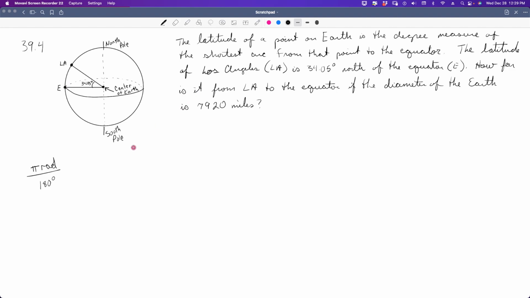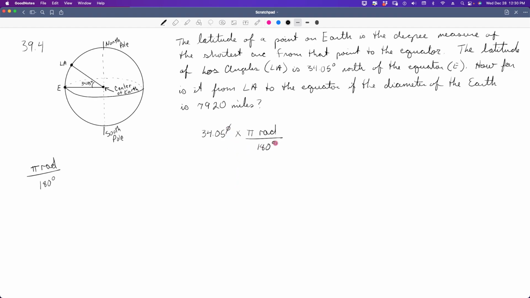So remember, our unit of conversion is pi radians is equal to 180 degrees. So here we're given degrees that we need to convert into radians, which helps us find the miles. So let's look first at converting this into radians. So 34.05 degrees times pi radians over 180.